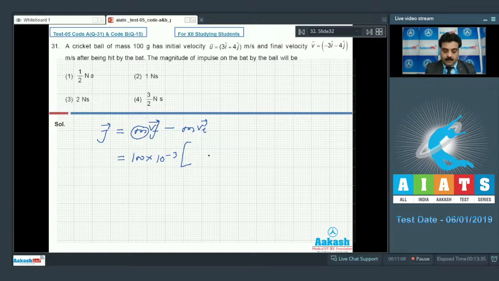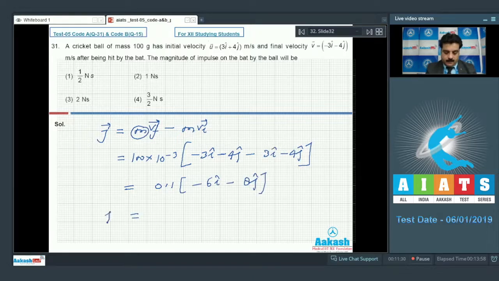I need final velocity, that is minus 3i cap minus 4j cap, subtracted by initial velocity 3i plus 4j. So when you calculate, you will get 0.1 times minus 6i minus 8j. On solving, the magnitude of impulse will be 1 Newton second. So option number 2 will be the right choice.